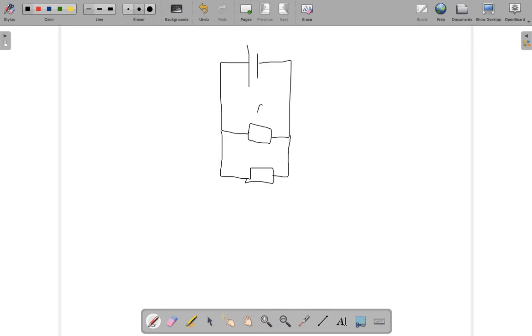Let's say this is R1 and this is R2. In this case, the total resistance will be 1 over RT equals 1 over R1 plus 1 over R2.